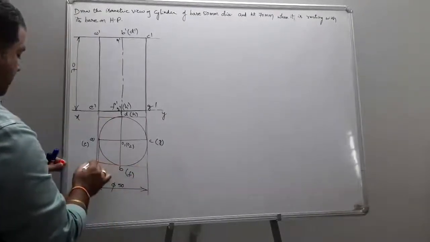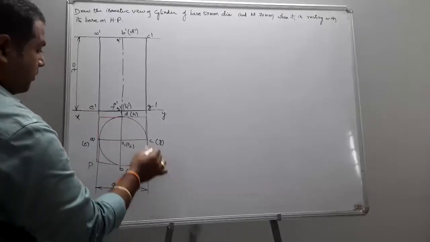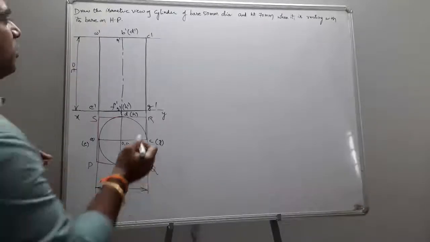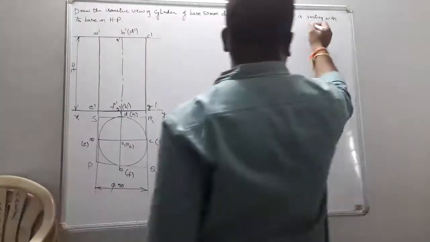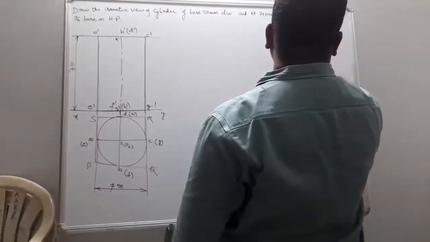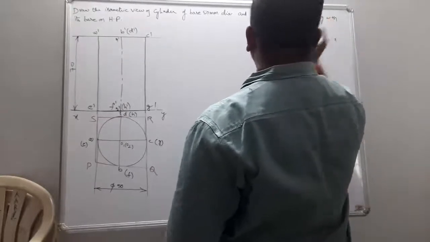Box PQRS. In the problem he gives that the axis is perpendicular to HP and it is resting with its base on HP. So what isometric axis did I consider? Which isometric axis is to be considered, X, Y and Z?